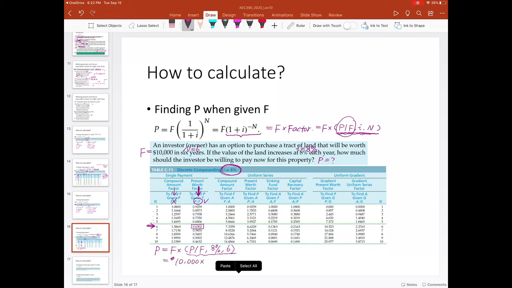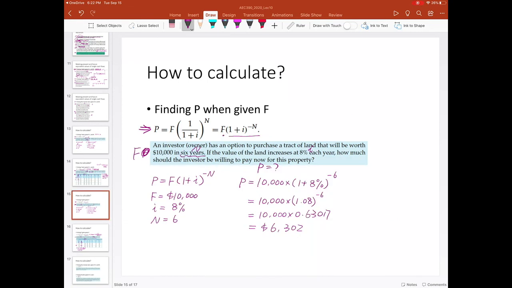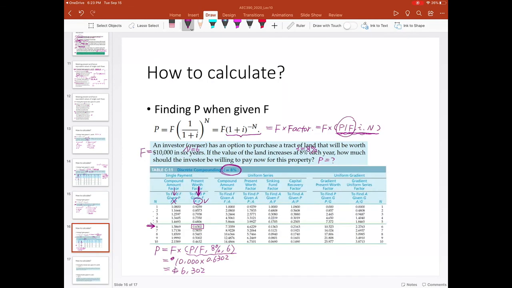And then F is 10,000, and that factor is 0.6302. So you got $6,302 as the present value, as the price you want to pay at most, okay? So compare this to this value, that's the same. So both ways work. And usually we want to use the table method.